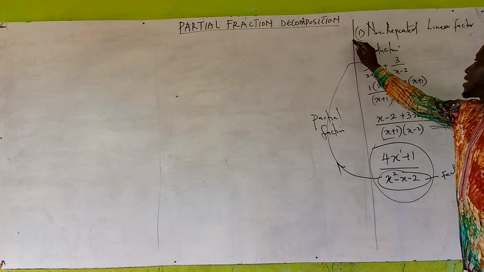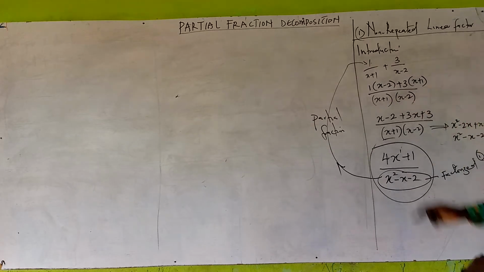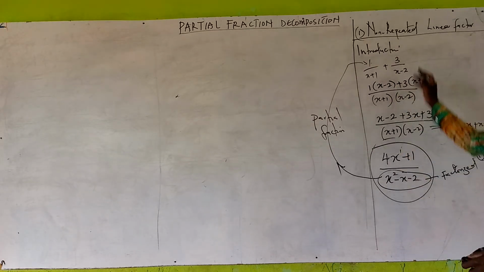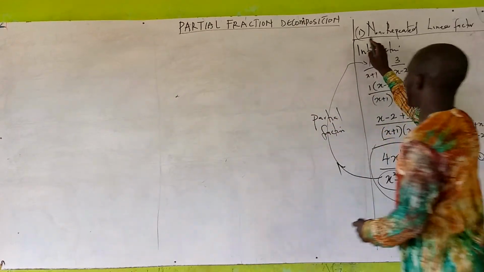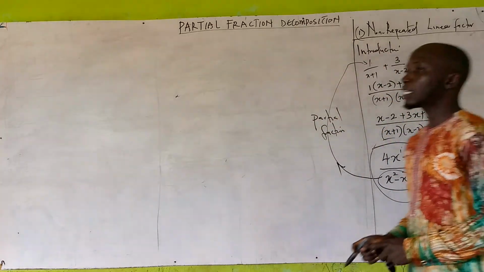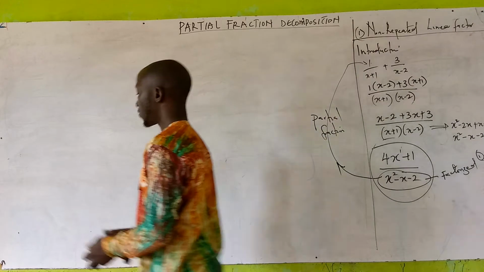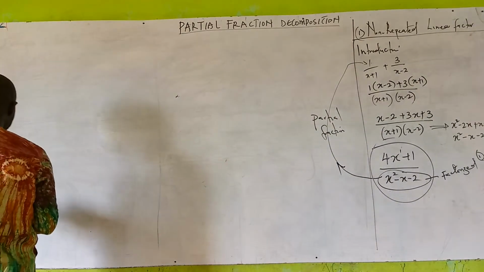Now we are going to look at examples under non-repeated linear factors. This is the introduction of what partial fraction is all about. Now we are looking at the first example under non-repeated linear factors.